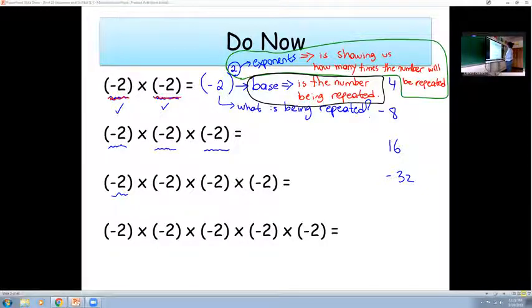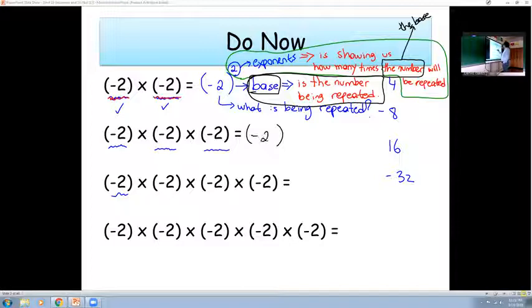The exponent is showing us how many times the number, which refers to the base, will be repeated. And I have to put in here what is being repeated. What number is going to be here? Base. So base is the number being repeated.